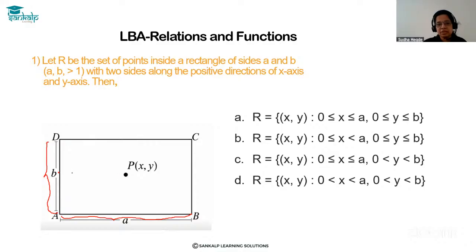So this distance is clearly less than a and this distance is less than b. Before checking, let us write 0 less than x less than a.